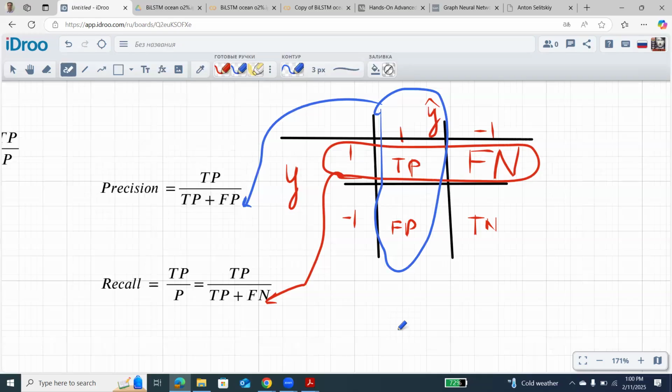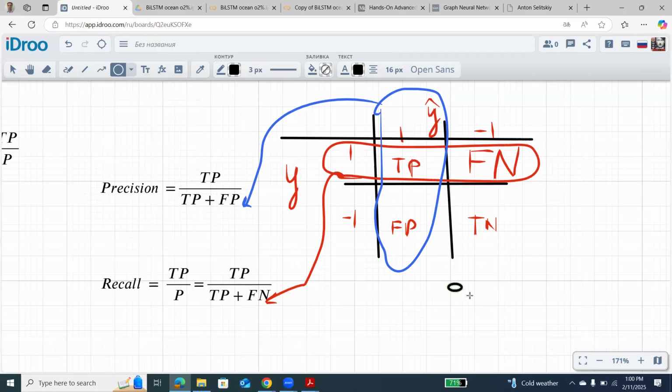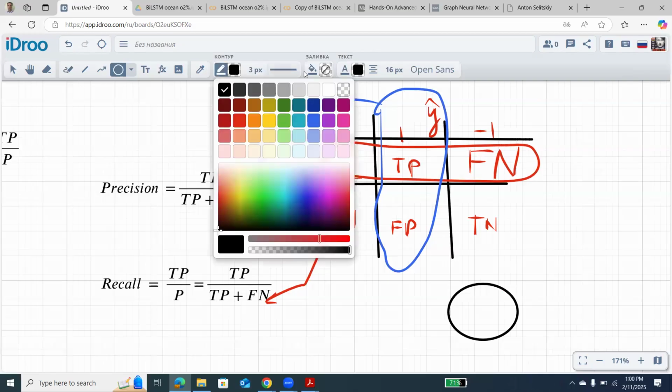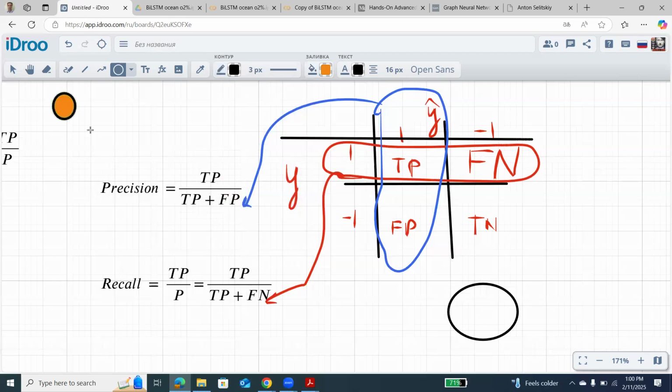Now let's look at the difference. Okay, I will just open it from my lecture notes.